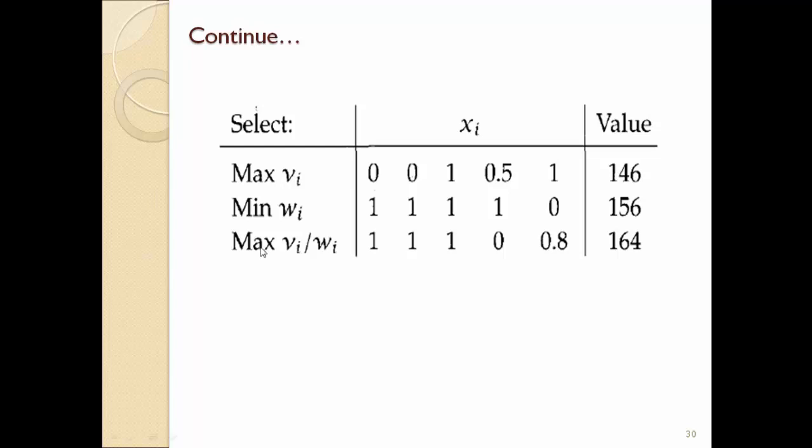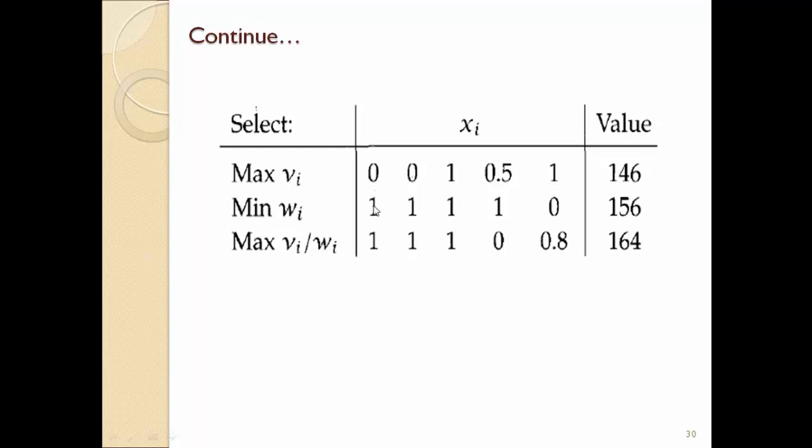So when we discuss our first option, the 0 indicates no object. Object number 1 we have not selected, object number 2 we have not selected. We have selected object number 3 fully, object number 4 we have divided into different parts, so half of the object we have selected, and the last object we have selected.